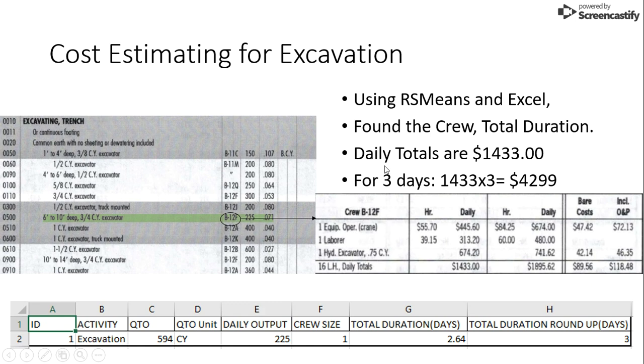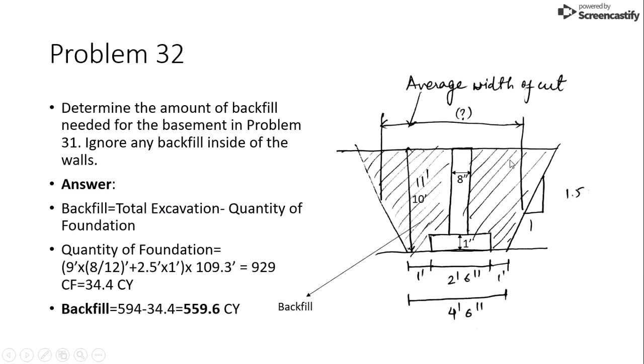Using Excel, I wrote the daily output and divided the quantity takeoff by daily output, so I got the total duration, which is 3. Now I had the crew's daily expenses, which was 7433. I multiplied it by 3 because now I have the total duration to cover this. So it will cost us around 22,299.